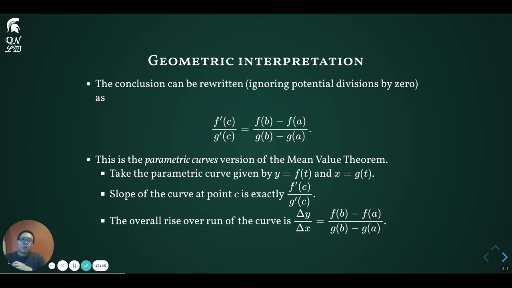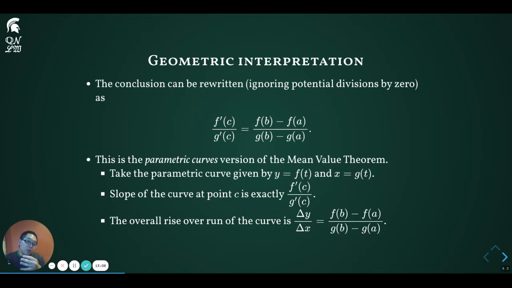Consider now the parametric curve where the y-coordinate is specified by the function f, and the x-coordinate by the function g. Then, you may remember from Calc 2 that the slope of this curve at time c is exactly the ratio of the derivatives, f prime over g prime.